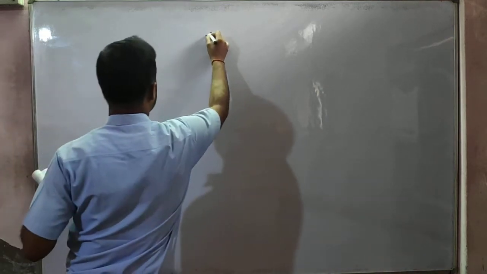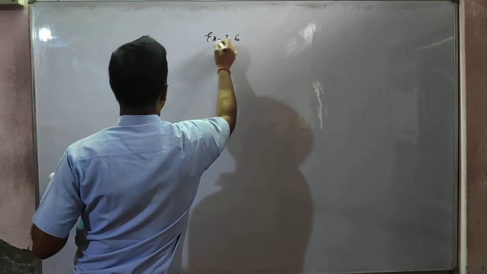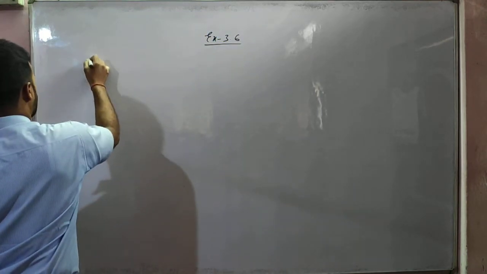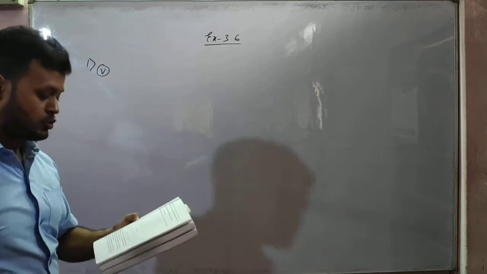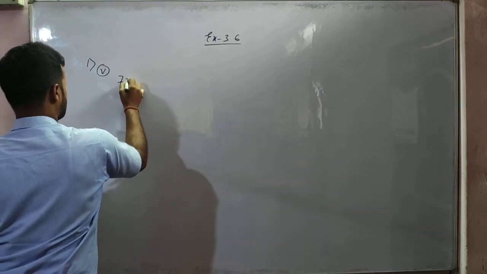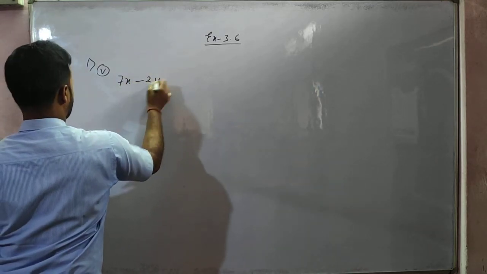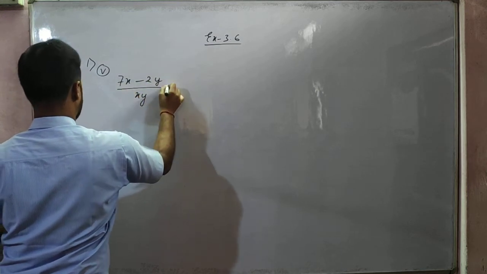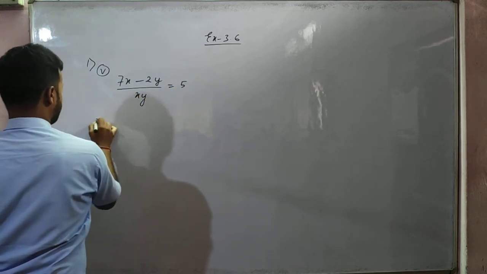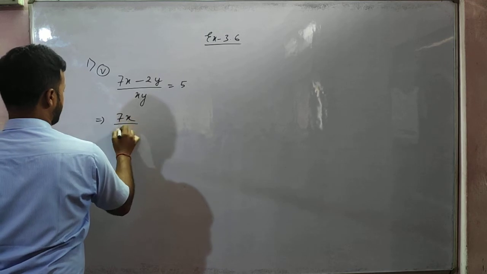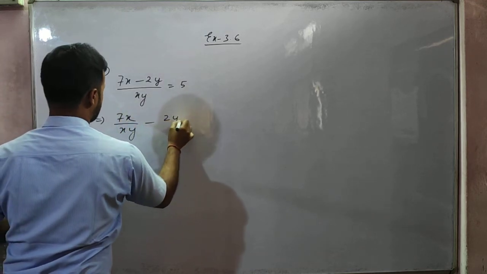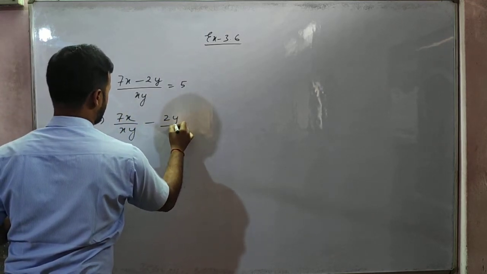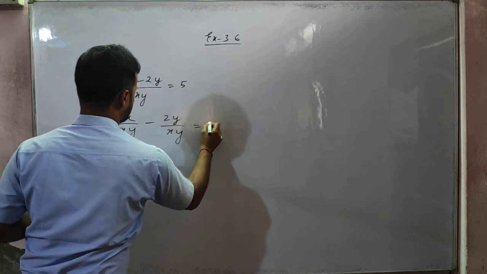Now students, the same sum I am talking about, exercise 3.6, number 1, number 5. The same sum you can do by reducing also. 7x minus 2y by xy is equal to 5 is there, no? So I will take it like this: 7x by xy minus 2y by xy is equal to 5.